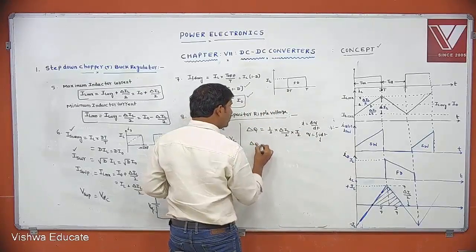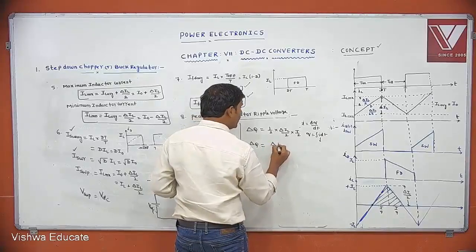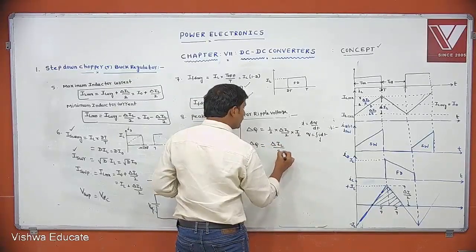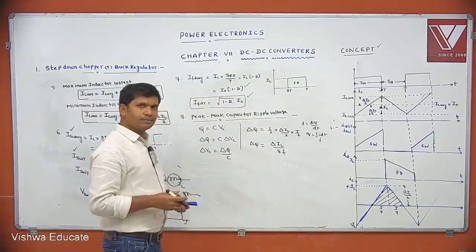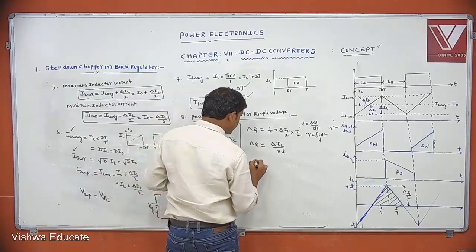Delta Q equal to delta IL by 8F. T is written as 1 by F. Delta IL by 8F. What is delta IL, you tell me?